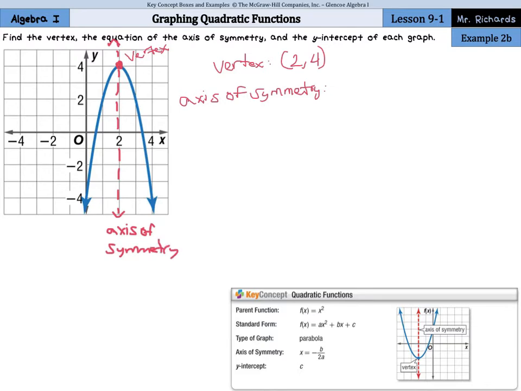And the equation of that line, similar to our last example, is x equals 2. Now lastly, for my y-intercept, this is down here, at 0, negative 4, which I can also just call negative 4.